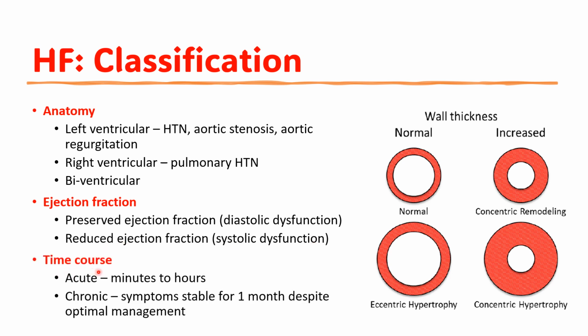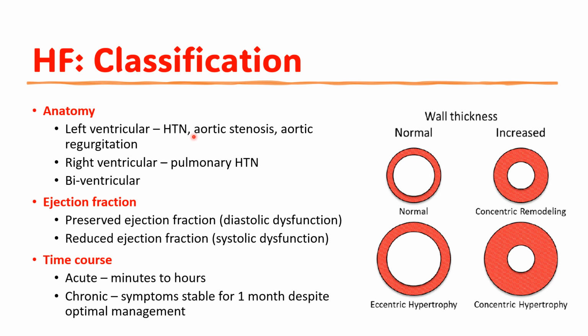Heart failure can also be classified in terms of time course. So the deterioration can be acute, so minutes to hours, or it can be more chronic. This is where symptoms are stable for 1 month despite optimal management. And I just want to talk a little bit about what happens when you have hypertension, for example, because in hypertension there's increased systemic vascular resistance, and that means there's an increased afterload.